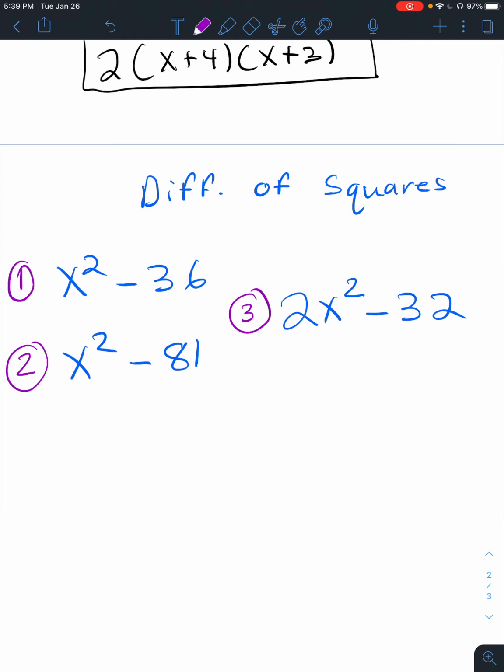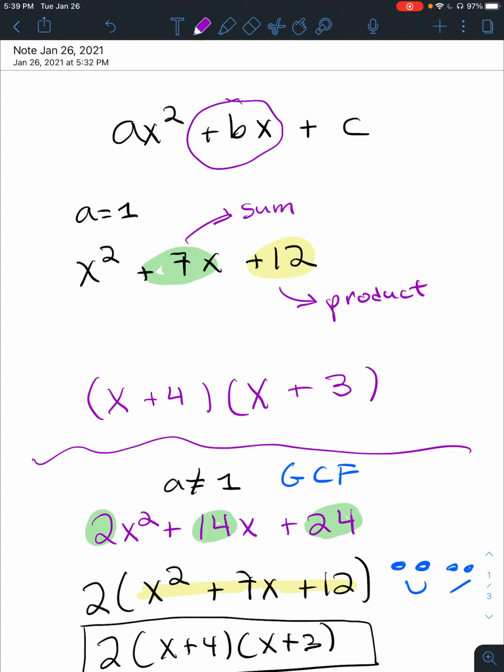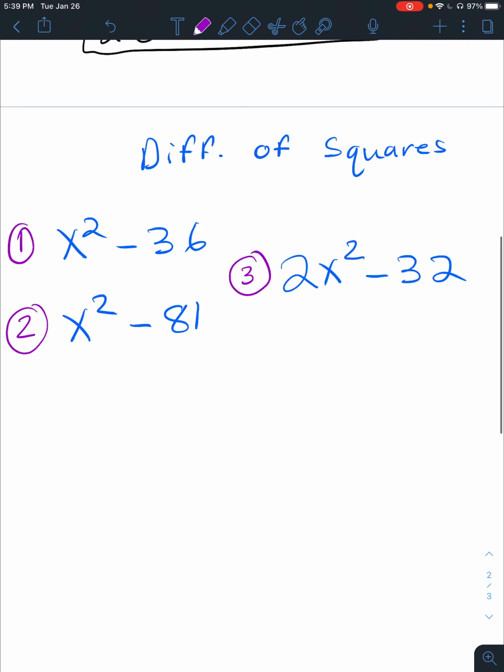I want you to notice that they're all missing the bx. I'm not going to do this all the time, but like I told class, you can write this as 0x if you like, but it's not necessary because all of these have a certain pattern. But for now, let's just look at it like this.